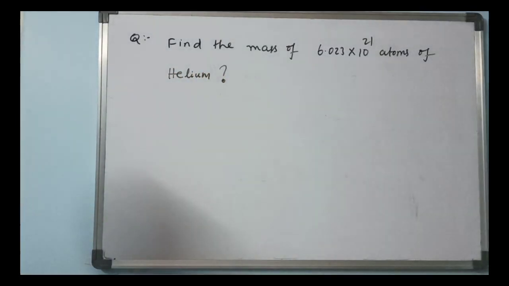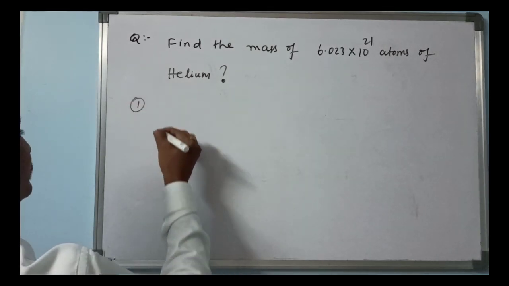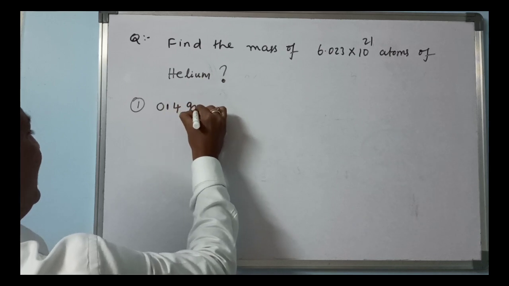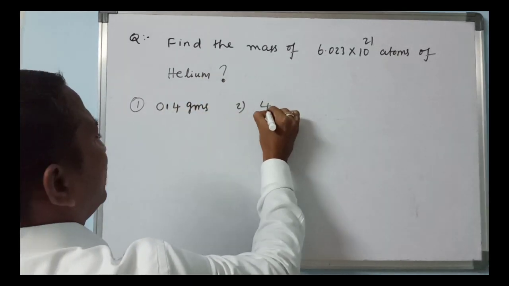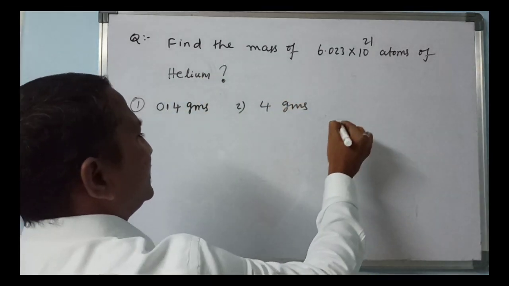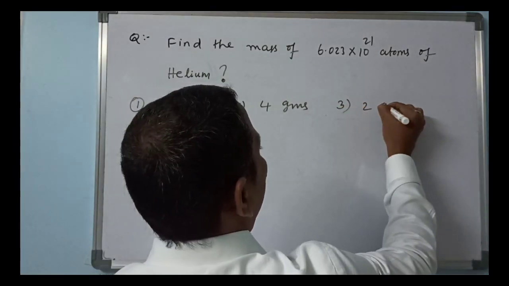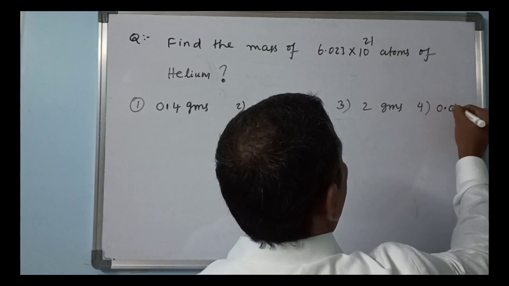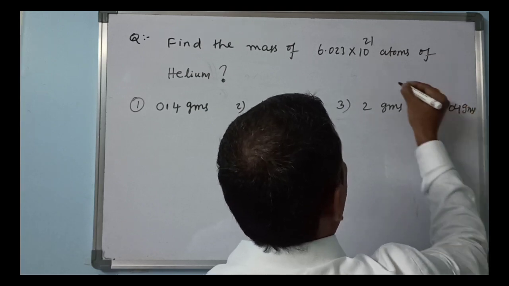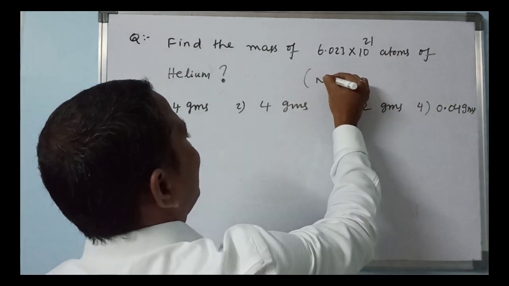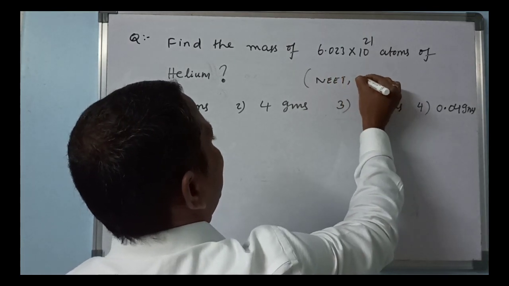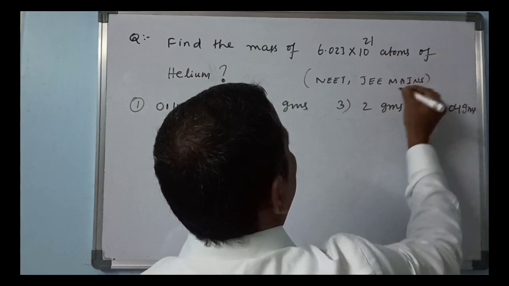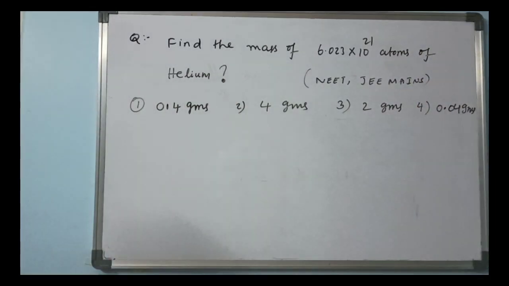Question mark. Option 1, 0.4 grams. Option 2, 4 grams. Option 3, 2 grams. Option 4, 0.04 grams. Very important. Again, NEET, JEE Mains, MHT-CET.